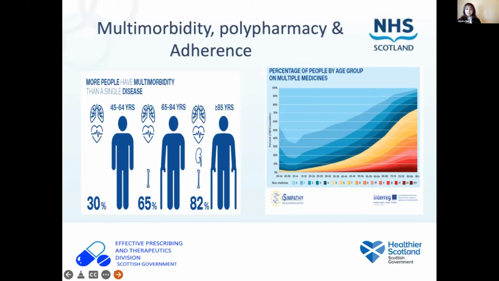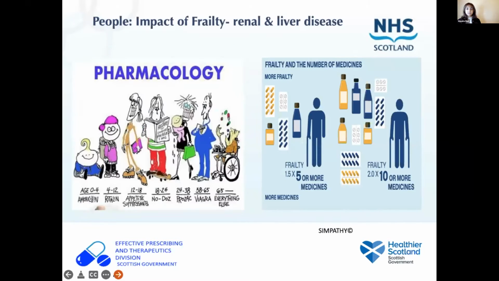This produces potential for harm and error due to drug interactions and side effects. But also, we know that people themselves will go and buy medications that they take, things that they'll prescribe for themselves or their neighbours will prescribe for themselves.